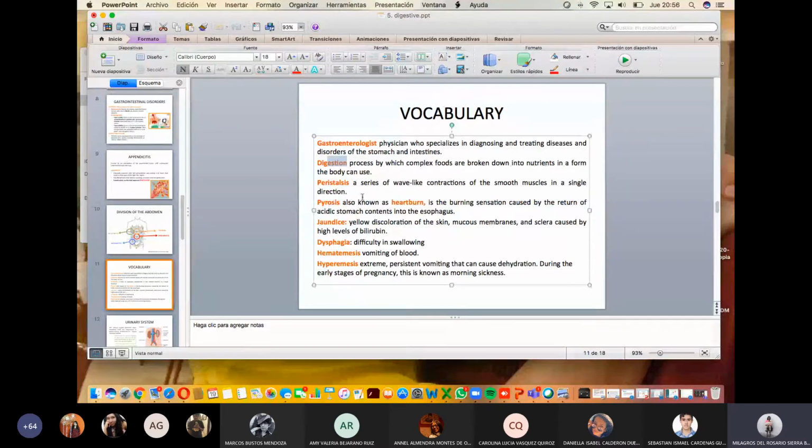Peristalsis is a wave-like contraction that occurs in all the gastrointestinal tract, in the stomach, in the esophagus, in the intestines. Then pyrosis is also known as heartburn, and it's the sensation of the hydrochloric acid that goes into the esophagus. This is also called reflux.